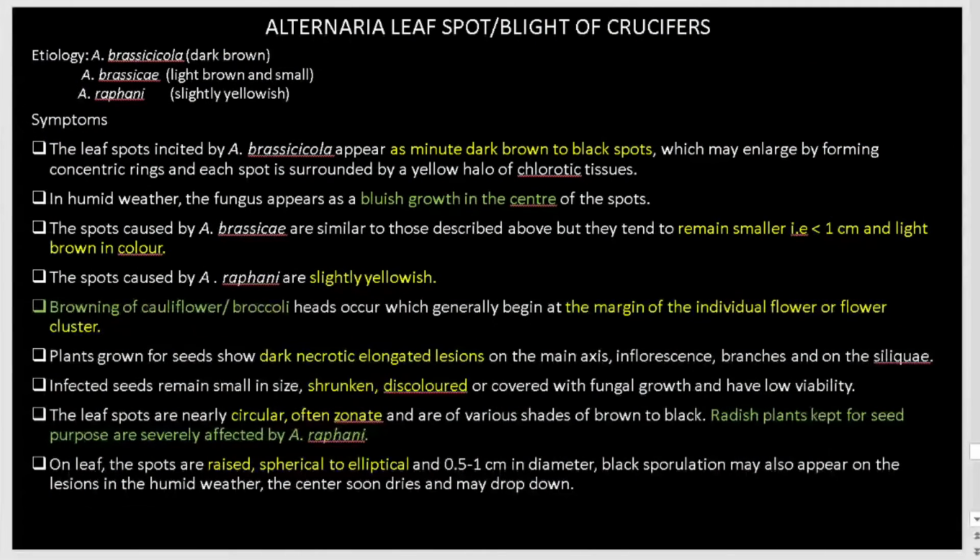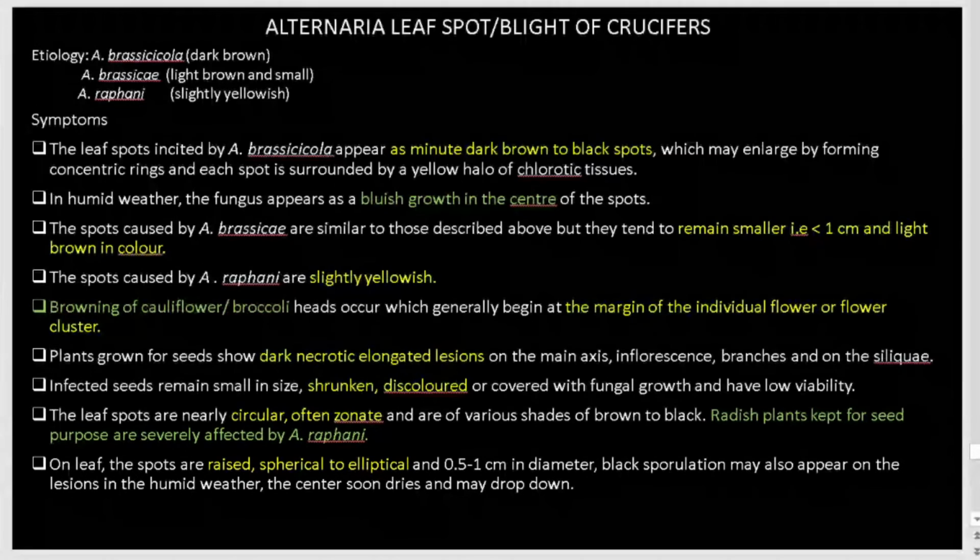In case of brassicae and brassicicola, the spots are more dark. In case of Alternaria brassicae, they are light brown. In case of Alternaria raphani, generally they are associated with a yellow halo, so they appear slightly yellowish. They are seen in all of the cases. Seed infections may take place.